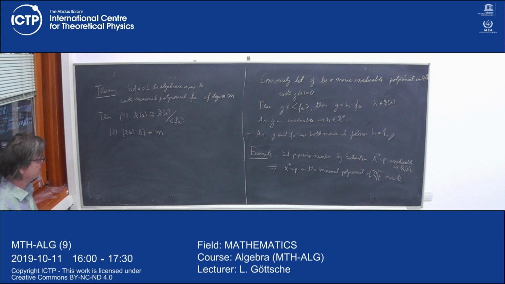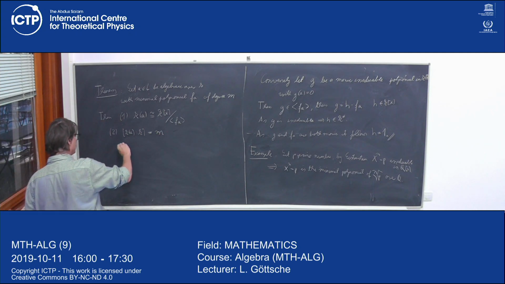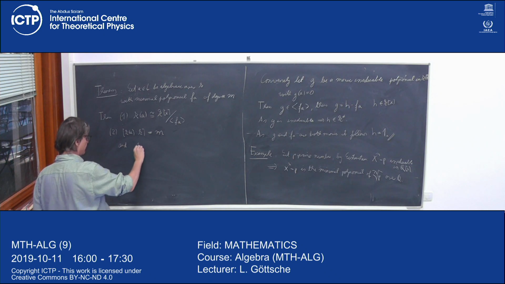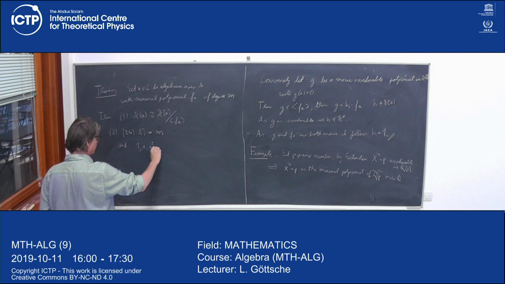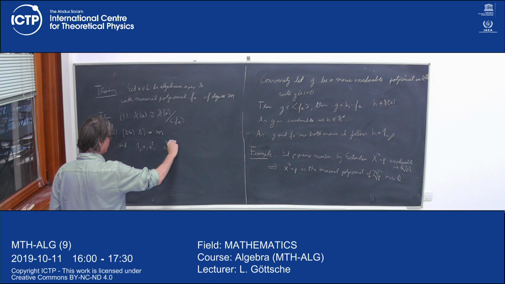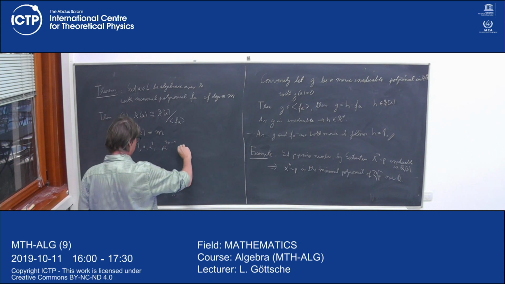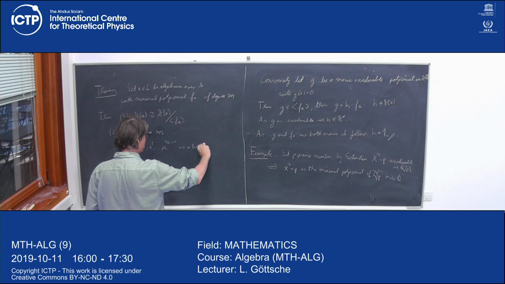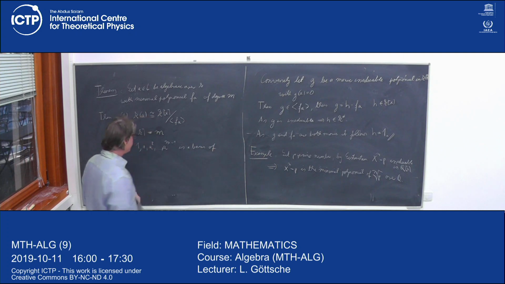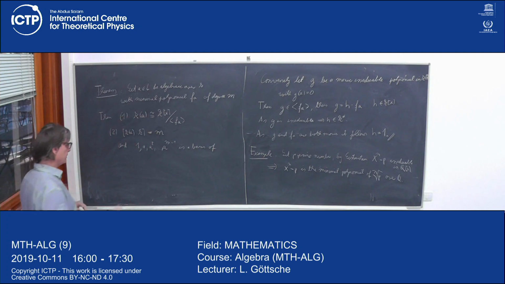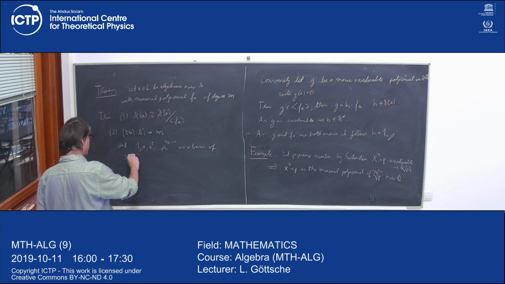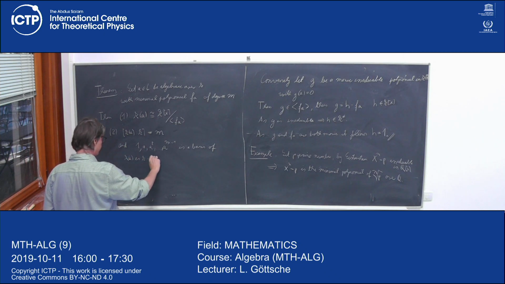And in fact, I can say what the basis is, and I take elements 1, a, a squared until a to the m minus 1. This is the basis of K(A) as K vector space.